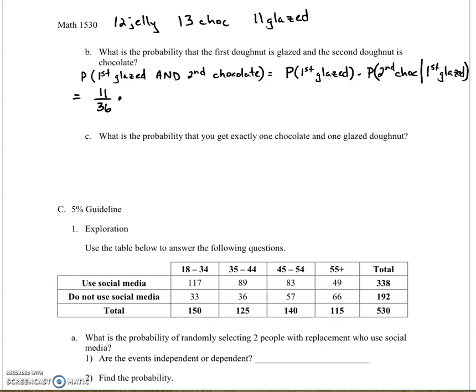We still have 13 chocolates because we ate a glazed, but we only have 35 donuts now. When we multiply those, we get approximately 0.113 again.